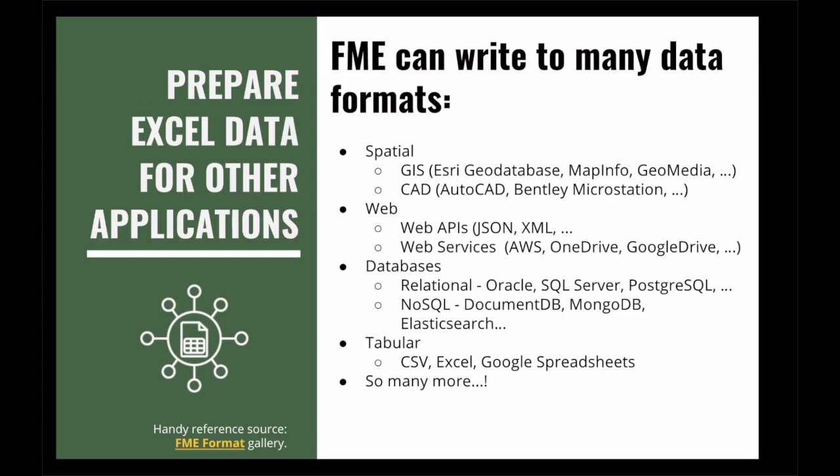So again, just as we have on the reading side, FME can write to a wide range of formats, about 350 plus formats on our writer side that we support, ranging from spatial data to databases and tabular data like Excel or CSV files if you want to write out to those.